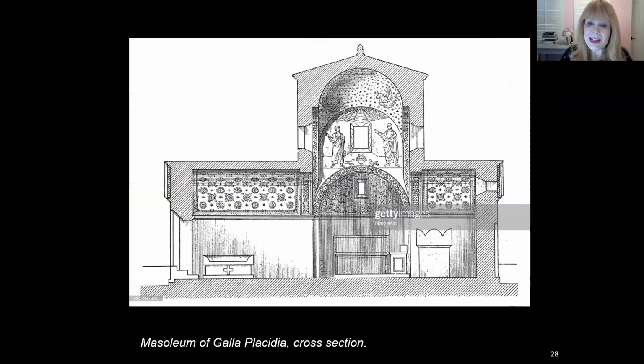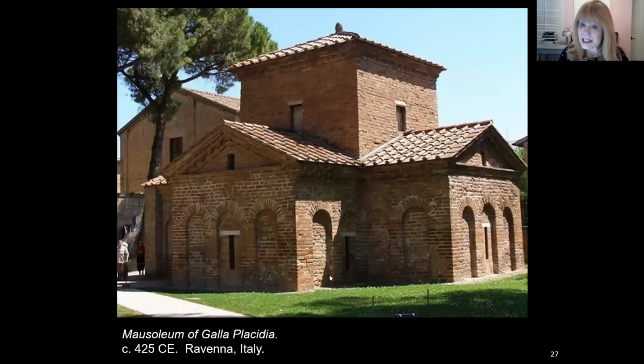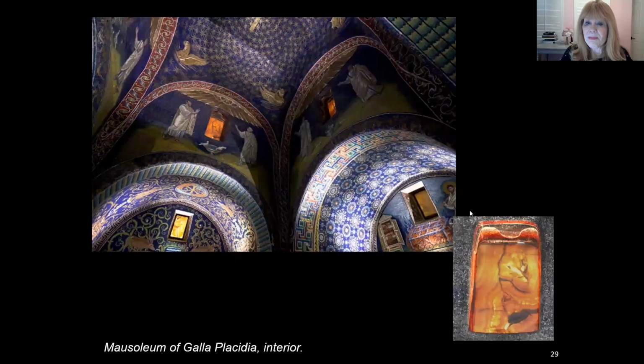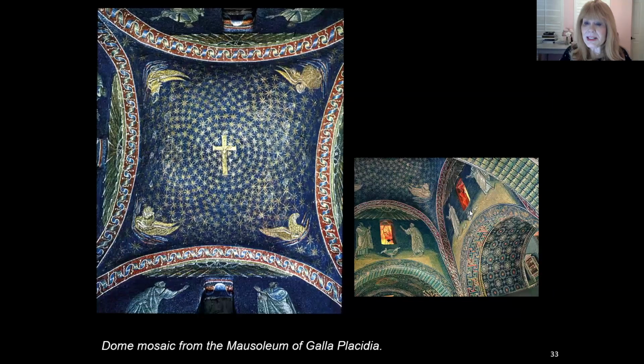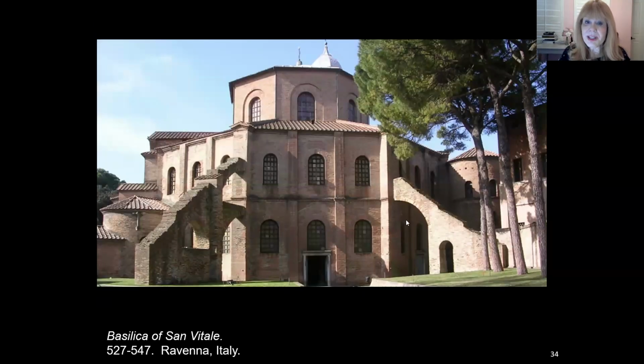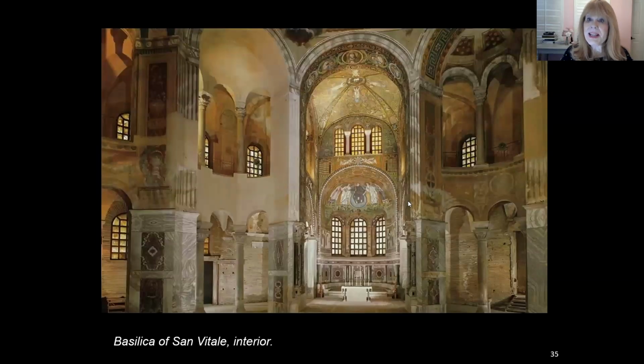Notice how plain the Galla Placidia mausoleum is, even though the brickwork is beautiful. But even in these early churches, the exterior is plain, but the interior is glorious. That's supposed to represent our insides, our souls, as good people of faith.